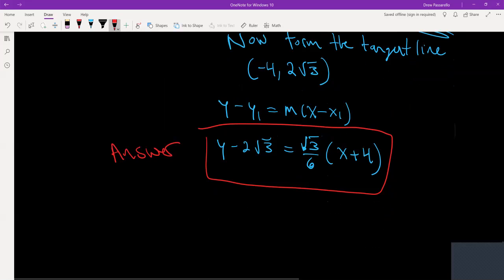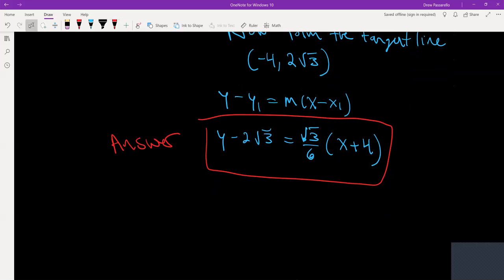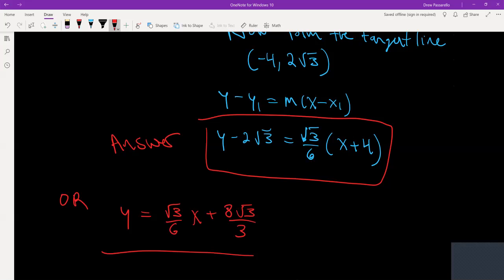And if you were to put it in slope-intercept form, it would be the following: y equals square root of 3 over 6 x, and then plus 8 square root of 3 over 3. Or if you wanted it like this, you could put it like that, in slope-intercept form.